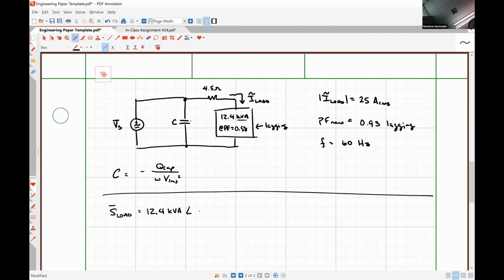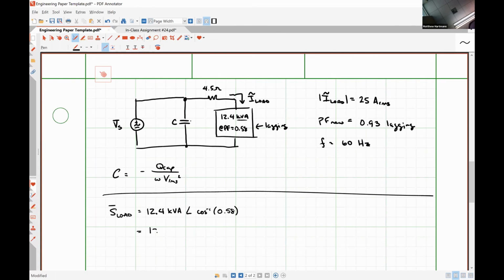And our angle is going to be the inverse cosine of our old power factor, which is 0.58. And so that is going to give us 12.4 angle inverse cosine 0.58.